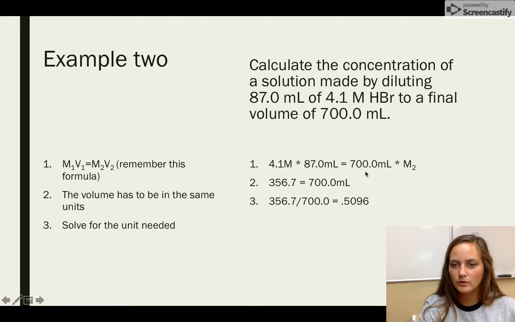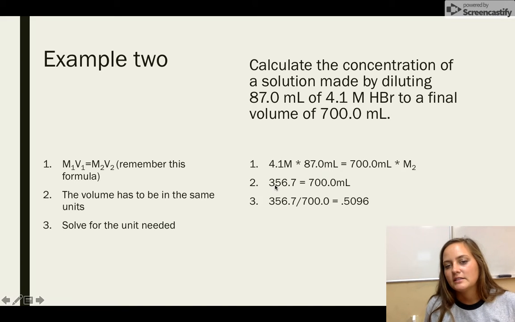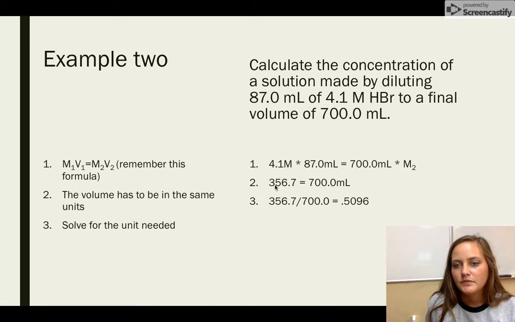Then on the other side of the equation, you're going to have 700 milliliters as your V2, and then you're going to multiply by M2. So 4.1 times 87 equals 356.7. And then once you have this, you're going to divide 356.7 by 700 to get M2 by itself.